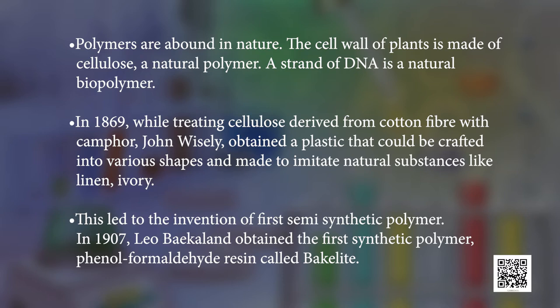This led to the invention of the first semi-synthetic polymer, while in 1907, Leo Baekeland obtained the first synthetic polymer, phenol formaldehyde resin, called bakelite. This invention marked the introduction of the polymer age.